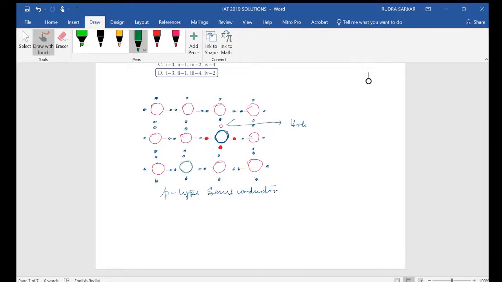Suppose this is silicon now, and silicon also has valency 4. All these red atoms are silicon. So you have understood p-type. Right now we are doing it for silicon. Let us remove this part.